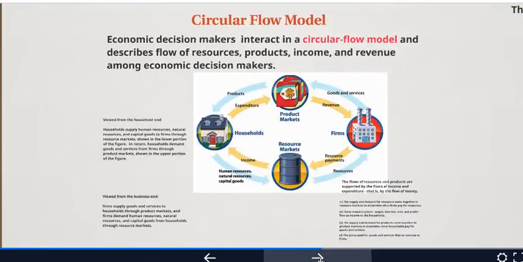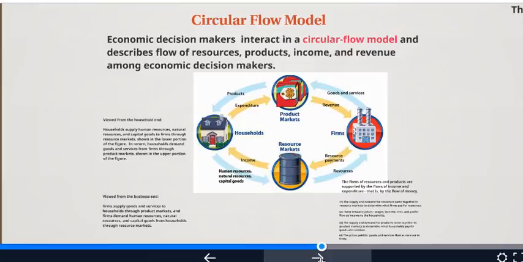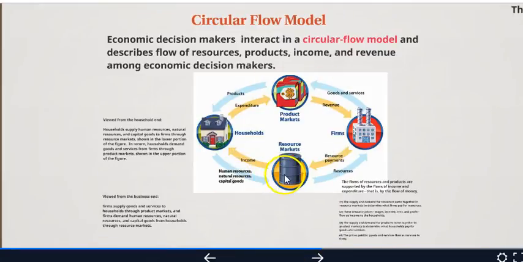Okay, this one is sort of complicated, so I need you to chill for a second, take your time, and read through it. This explains everything we've been talking about. Economic decision makers interact in a circular flow model that describes the flow of resources, products, income, and revenue among economic decision makers. Viewed from the household end, households supply human resources, natural resources, and capital goods to firms through resource markets.